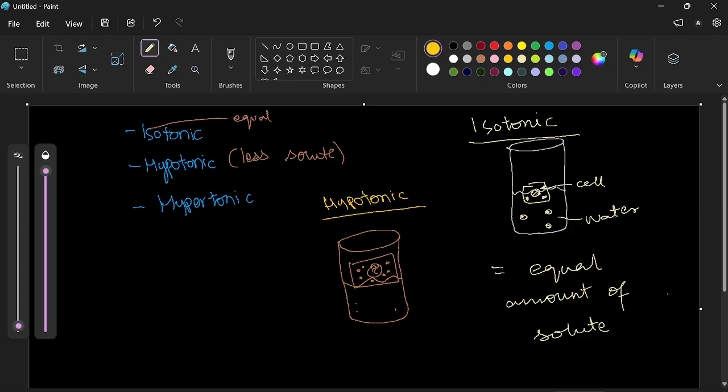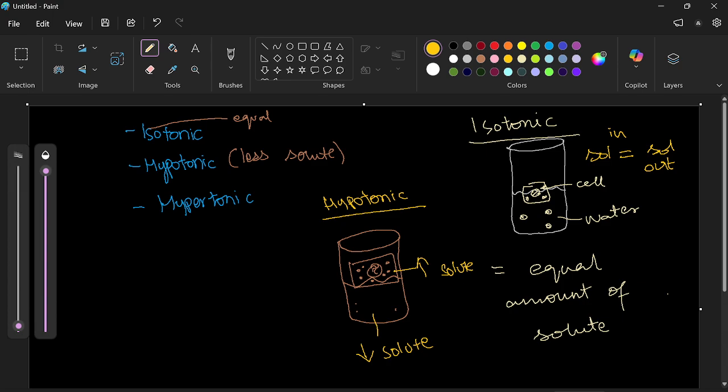Let me just mention: less solute outside, high solute inside. And in the isotonic case, solute inside the cell is equal to solute outside.